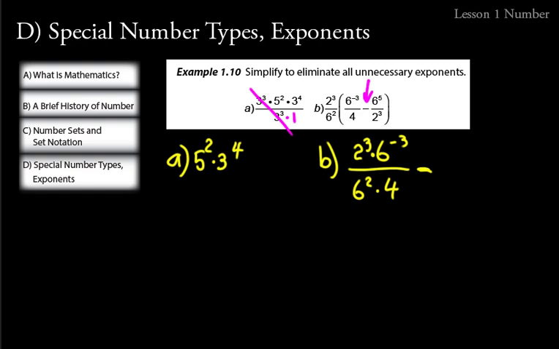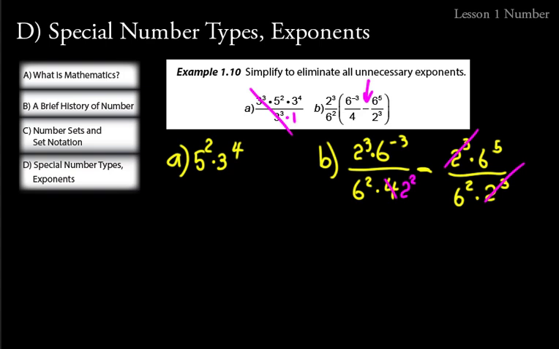And again, 2 cubed on the top times that 6 to the 5th over 6 squared times 2 cubed. Now hopefully you see right away that 2 cubed, that 2 cubed will cancel. And then 4, that's equal to 2 squared, right?